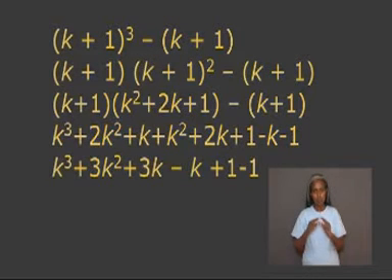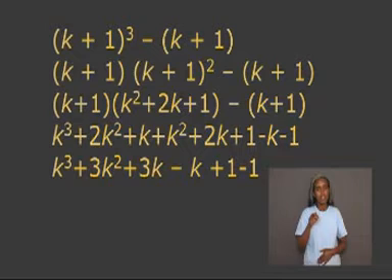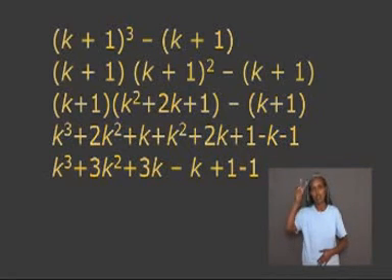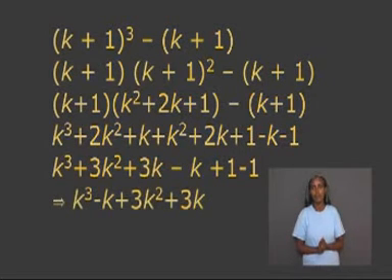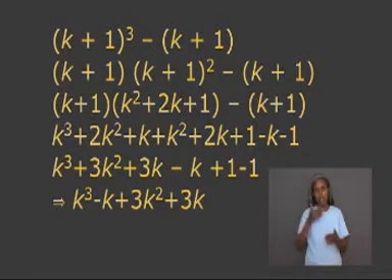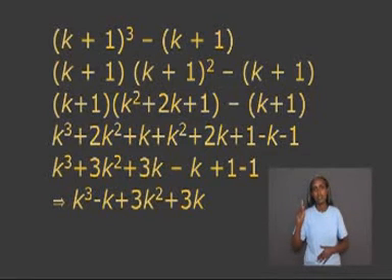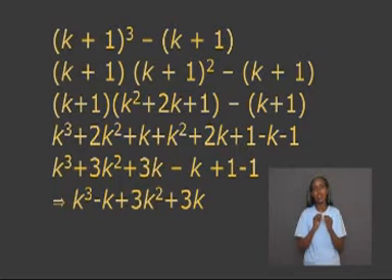With grouping and simplifying, we get k cubed plus 3k squared plus 3k minus k plus 1 minus 1. We then get k cubed minus k plus 3k squared plus 3k.